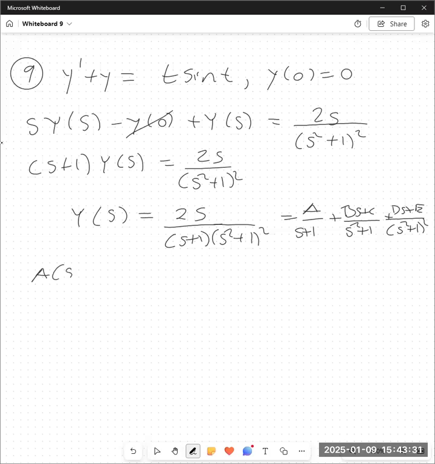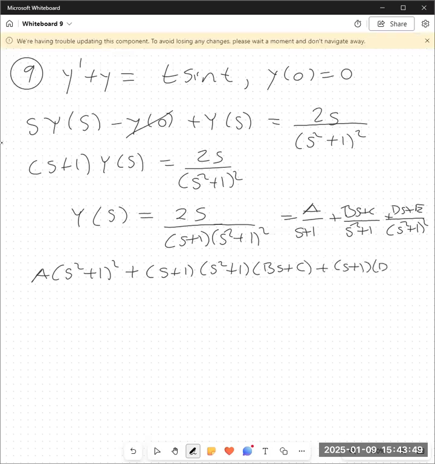A times s squared plus 1 quantity squared plus s plus 1 times s squared plus 1 times Bs plus C plus s plus 1 times Ds plus E is equal to 2s.